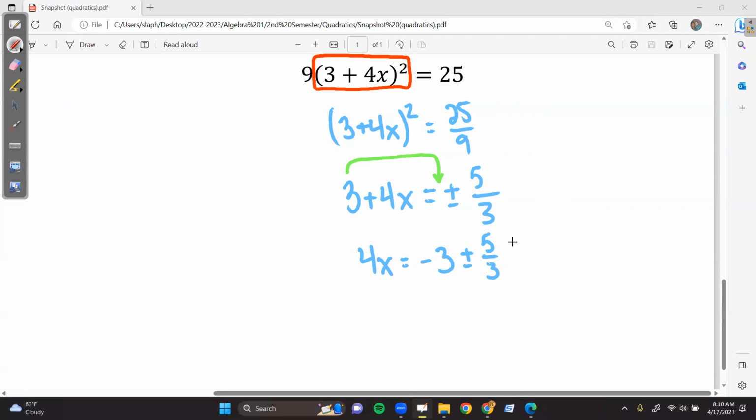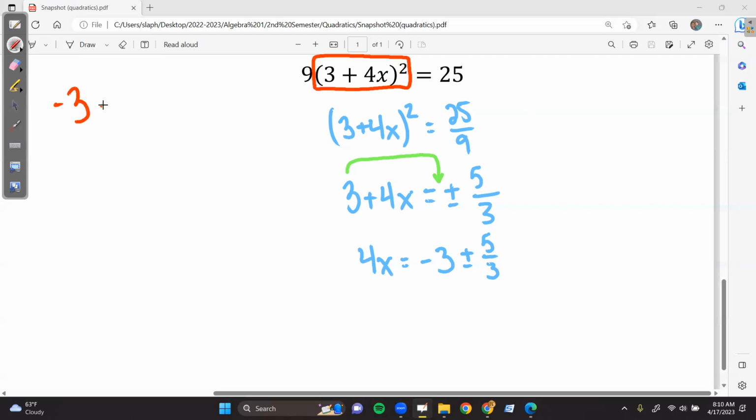And what is the next step? Make a common denominator. You're faced on the right-hand side with a whole number. It's actually not a whole number, since whole numbers can't be negative, but I just say that. It's like a whole number and a fraction, and you cannot add things like that. You have to make the one that's not a fraction into a fraction. And so negative 3, I'll switch colors here and work somewhere else.